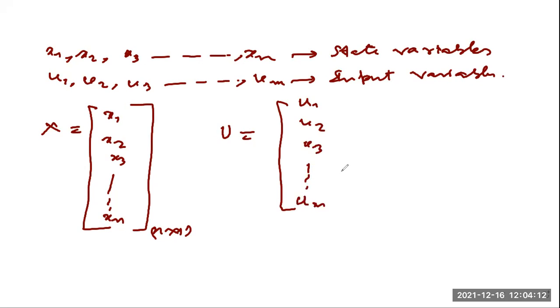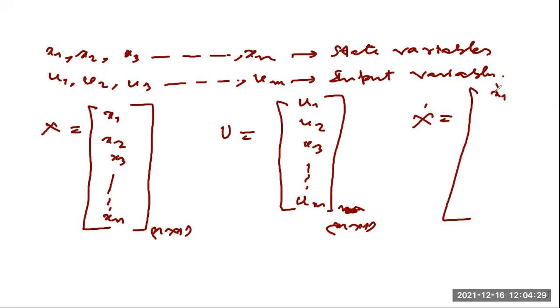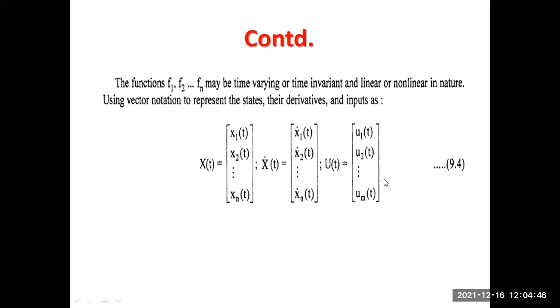This is your input vector, an m cross 1 vector. And x dot is the first derivative of this, represented as x1 dot, x2 dot, x3 dot up to xn dot. These are the first derivatives.